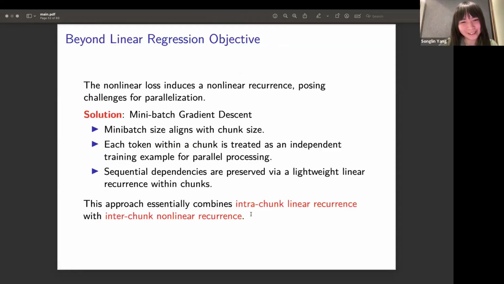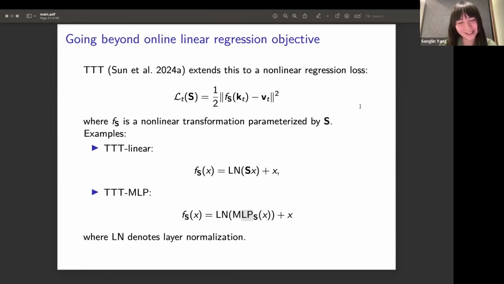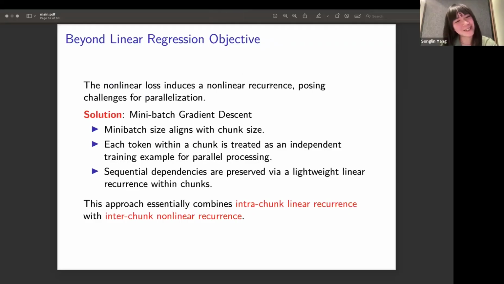Yeah, so they have a nonlinear regression loss, which is cool, but at what cost? If they induce their recurrence using gradient descent, and since there is a nonlinear loss, the resulting recurrence would be nonlinear. And we all know that for RNNs, nonlinear recurrence cannot be parallelized across the sequence length, which is a sad story.